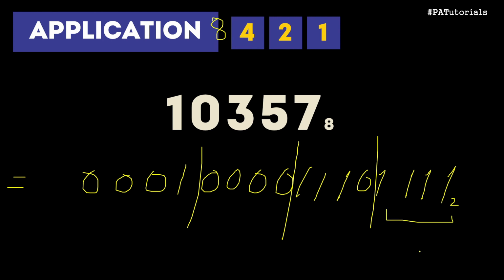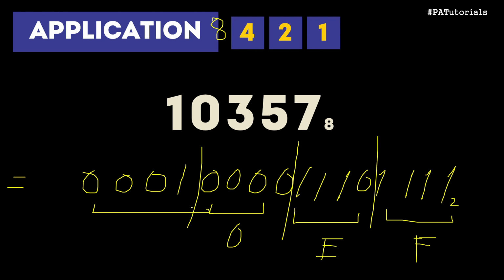So, this group would be equal to letter F kasi automatic pag naka-on lahat, letter F yun, equals siya sa 15. And then this one would be equal to letter E. Since 8 plus 4 is equal to 12 plus 2 is equal to 14, that is letter E. This one would be equal to 0. And then this last part would be equal to 1. So, in short, ang ating answer would be 10EF base 16.